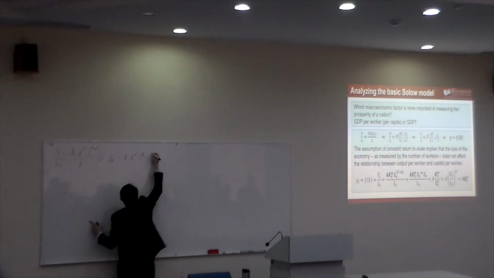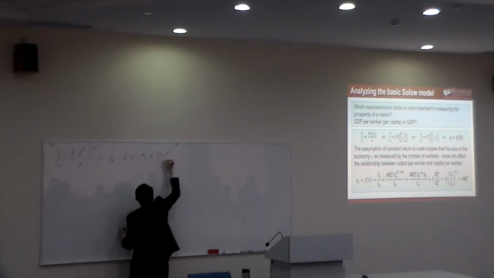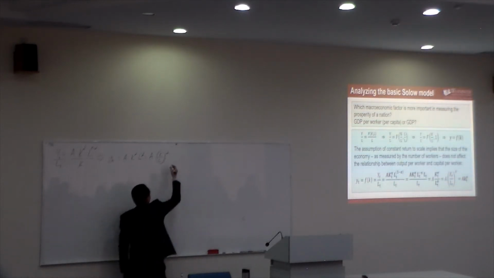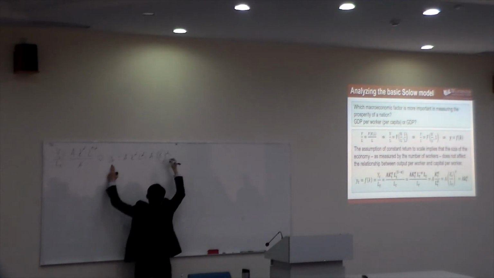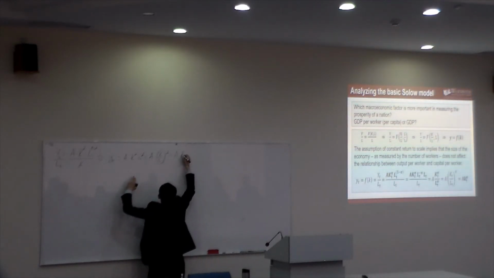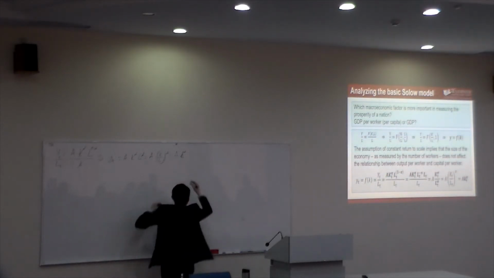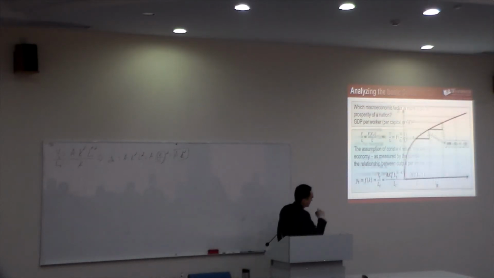Or I can write it as A times K over L in the power of alpha. So what does it give us? Per capita capital, right? In other words, our output per worker is equal to technology times per capita capital to the power alpha, which we are going to use over and over in the following slides.